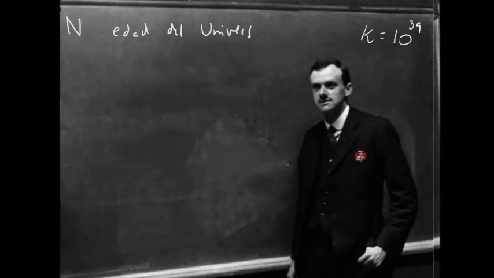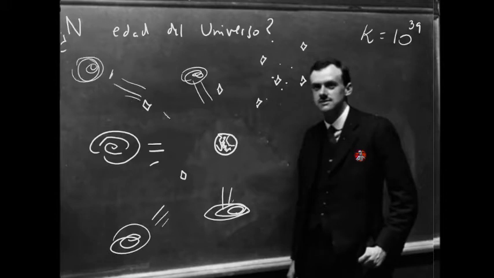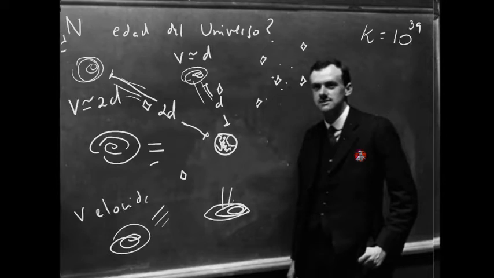The universe has an age because one observes that the spiral nebulae, most distant objects in the sky, are all receding from us with a velocity proportional to their distance, and that means that at a certain time in the past they were all extremely close to one another.